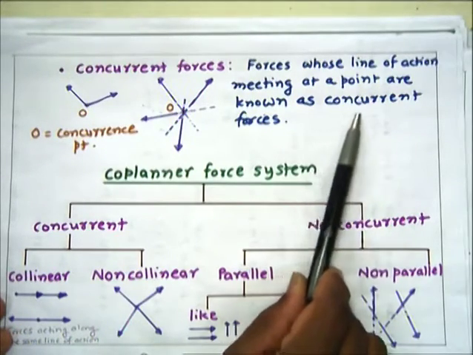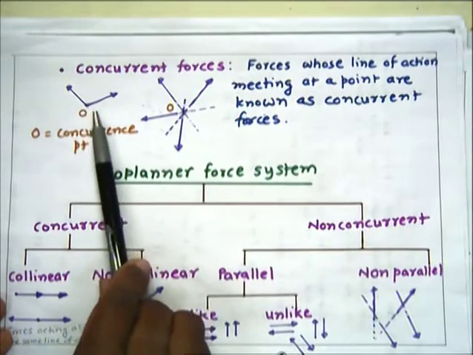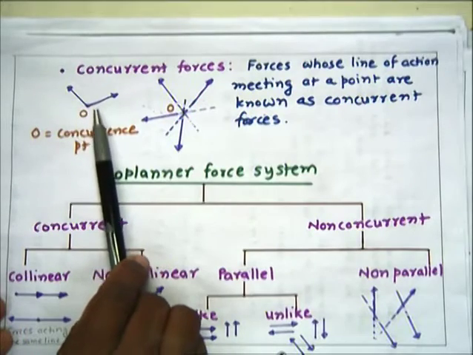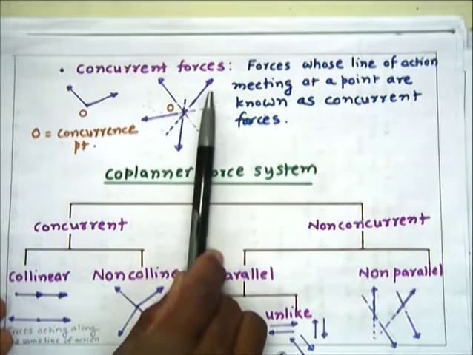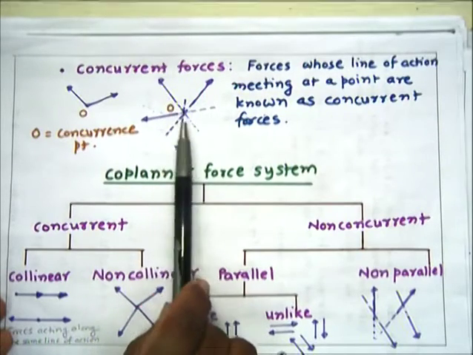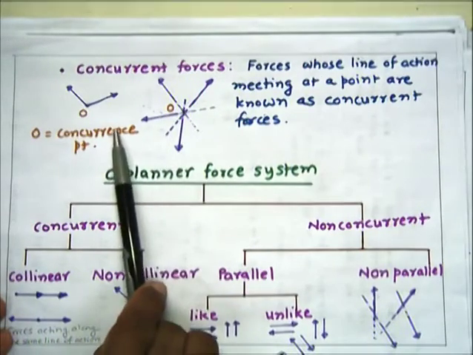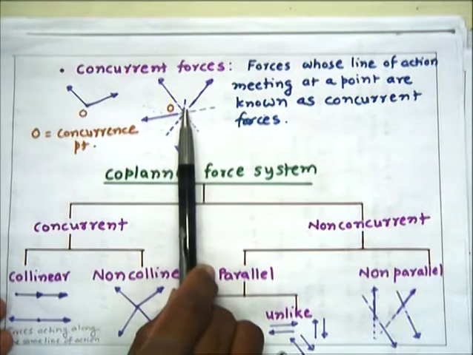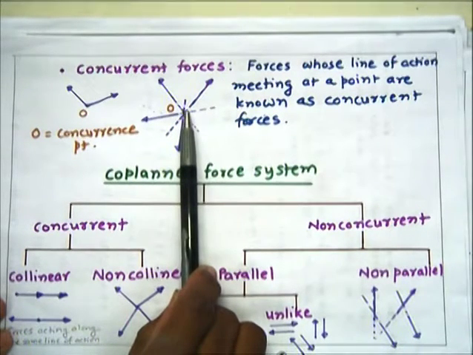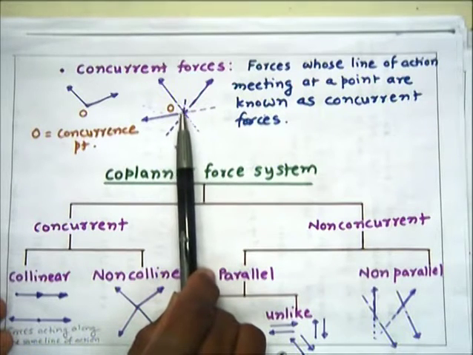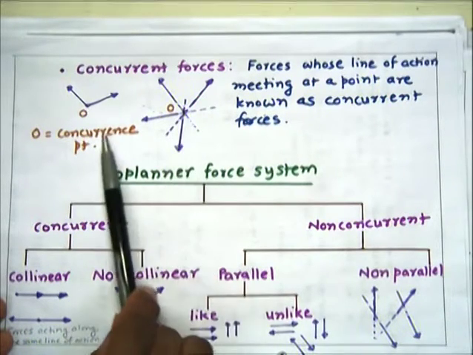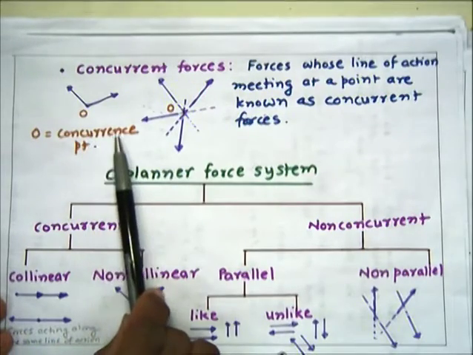So here it is two concurrent forces. Here the forces are 1, 2, 3 and 4. The line of action of all these forces is passing through the common point O, so these forces are known as concurrent forces. And the common point through which their lines are intersecting is known as the concurrence point.